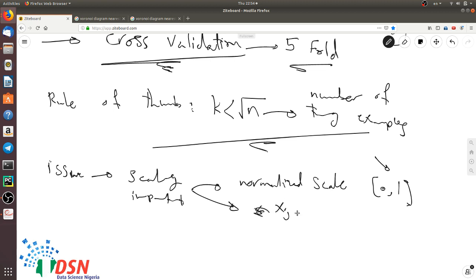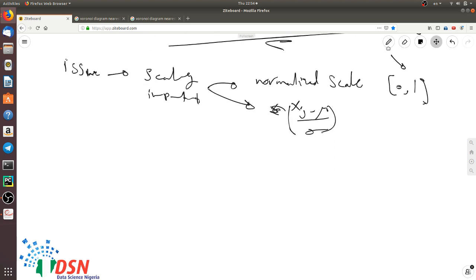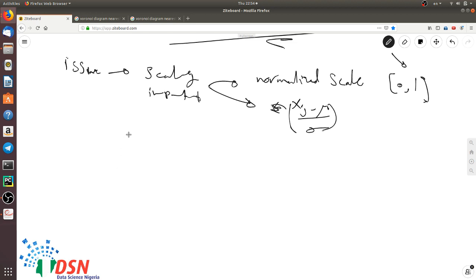So it is good to apply this transformation, or standardize the data. KNN is sensitive to the scale of features and data because it uses distances, so it makes sense to have this issue. The second issue is the complexity.